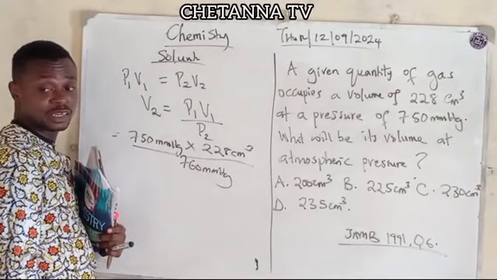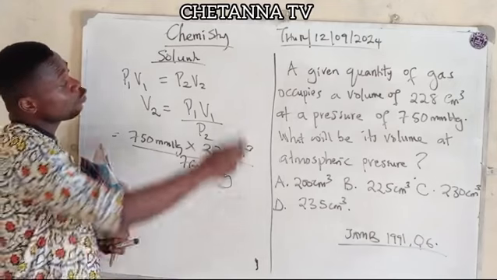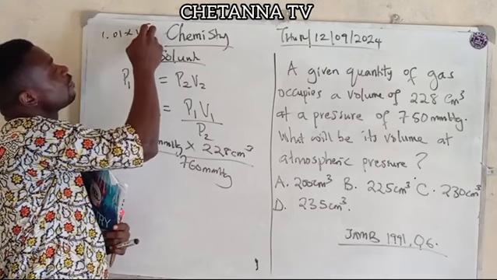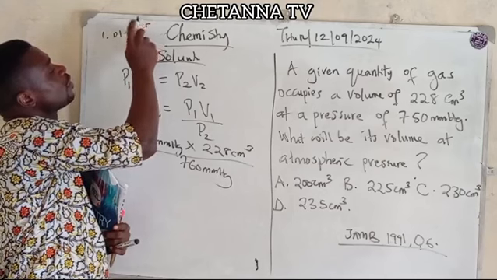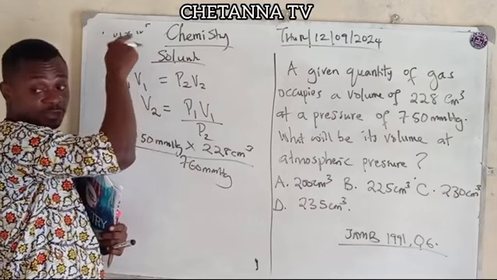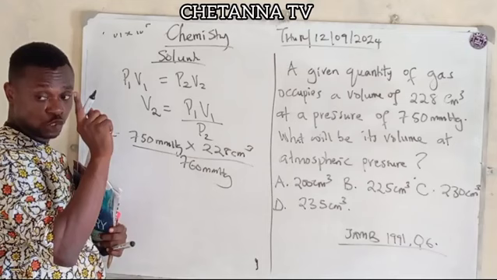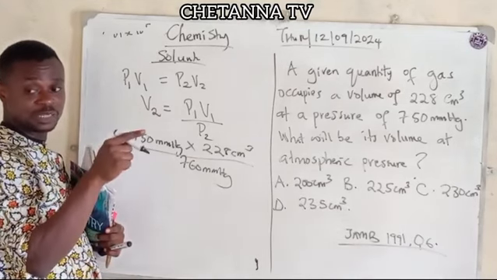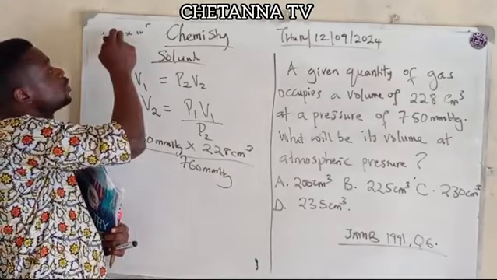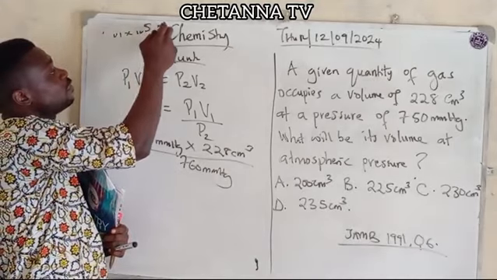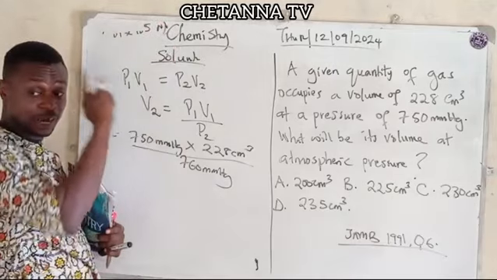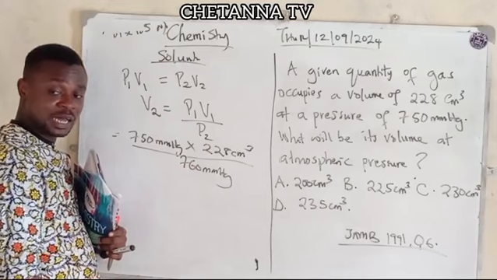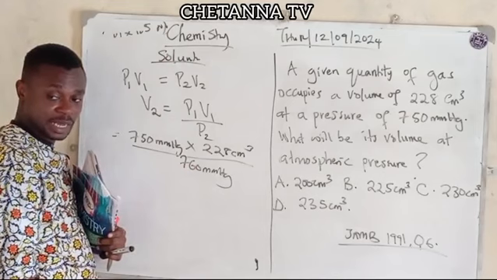It's 1 atmosphere. In Newton per meter square, it's 1.01 times 10^5 Newton per meter square. But it's 1 atmosphere. But it's 760 what? Millimeter mercury.